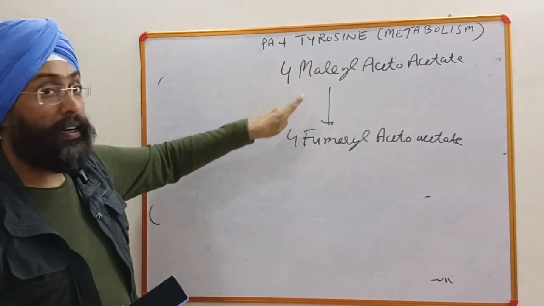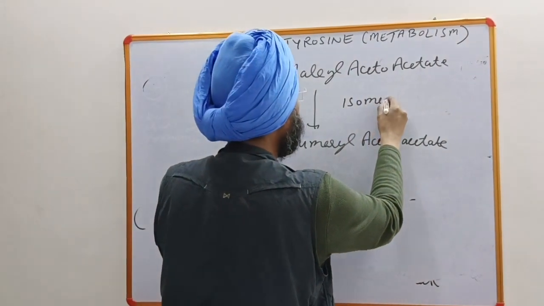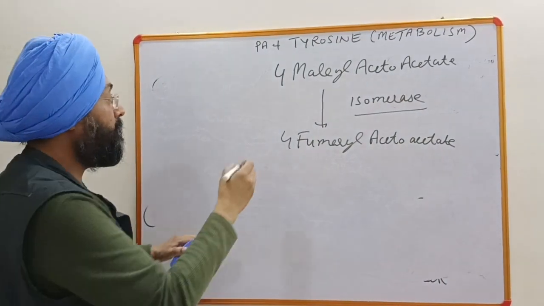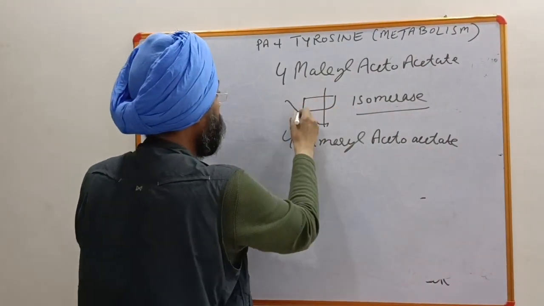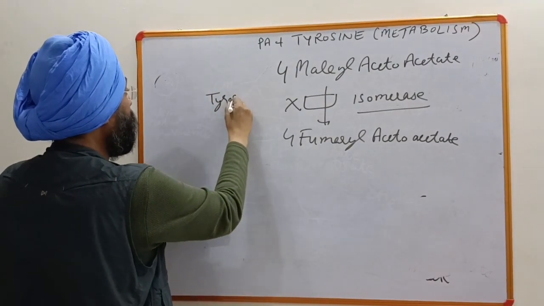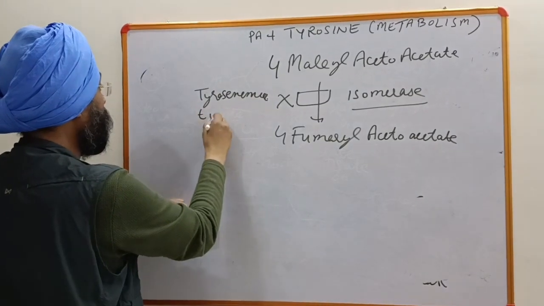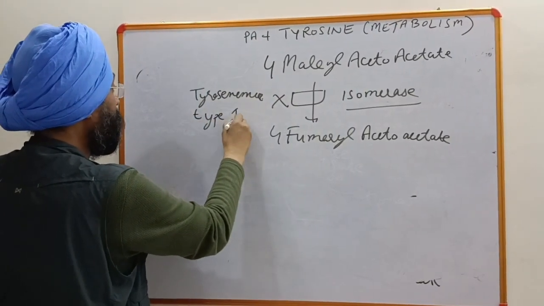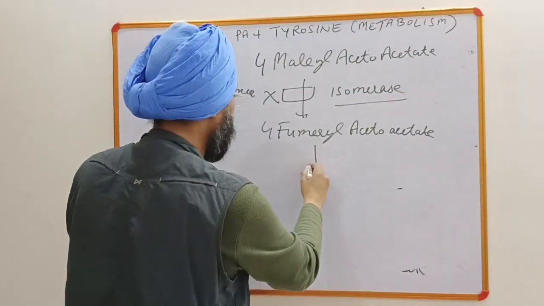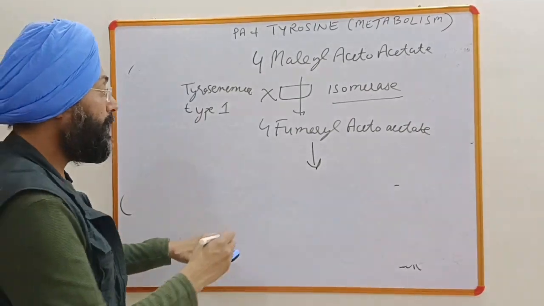So these are isomers. The enzyme is isomerase, right? And if there is blockage in this reaction, right? The disorder is tyrosinemia type 1, right?